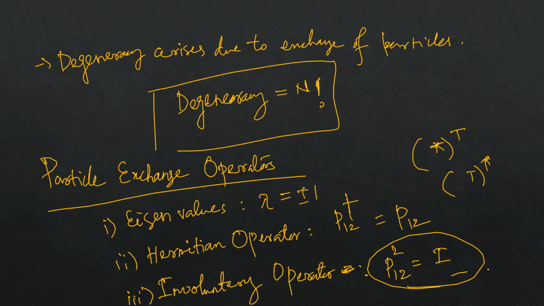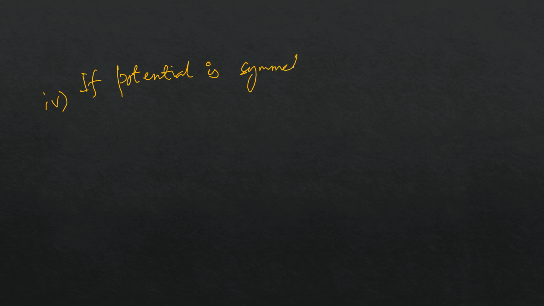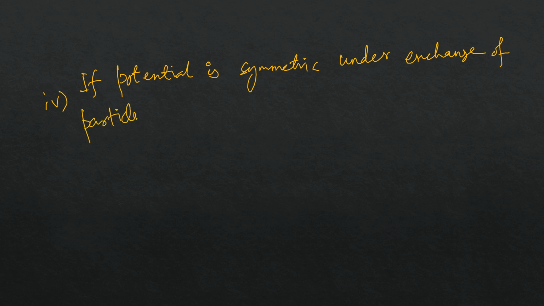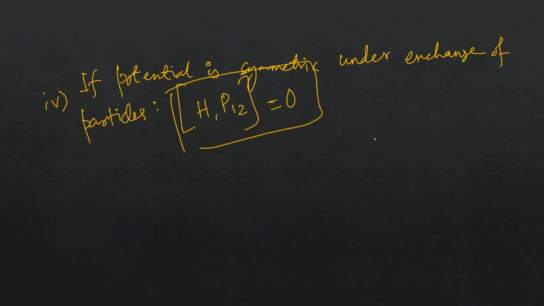Next, if the potential is symmetric under exchange of particles, then the commutator of that operator with the Hamiltonian will be 0. That is, the commutator of H and P12 is 0.